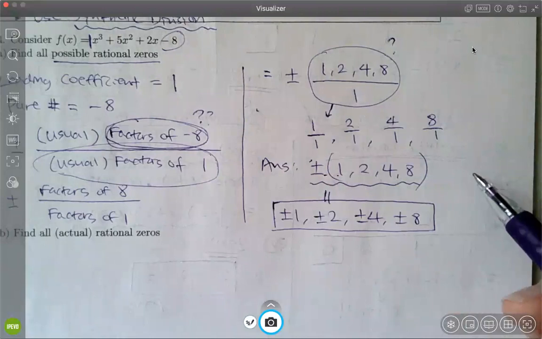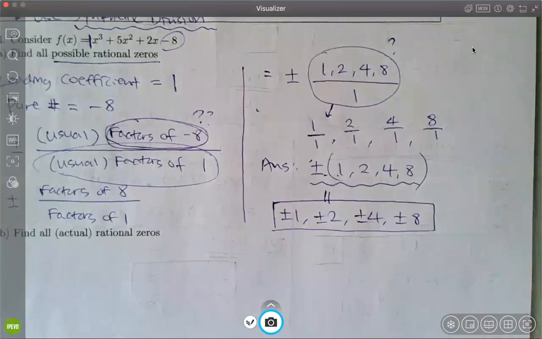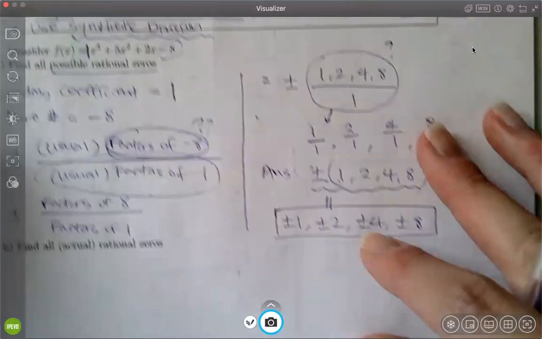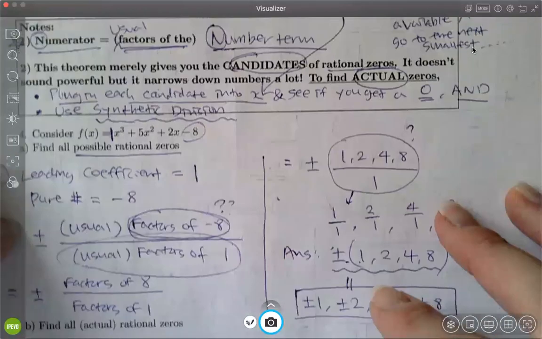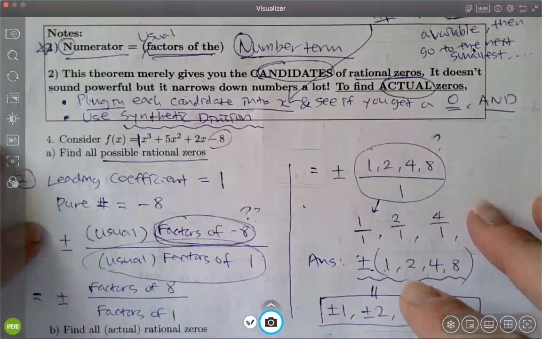Okay, so how many candidates or how many possible rational zeros did we get here? It's 8. Do you see that? Okay, because we have 1, 2, 4, 8, and then all of it's negative, right? Okay, so there are 8 possible rational zeros, which is a lot. Yeah, I know, but remember, how many rational numbers are there in the number world?